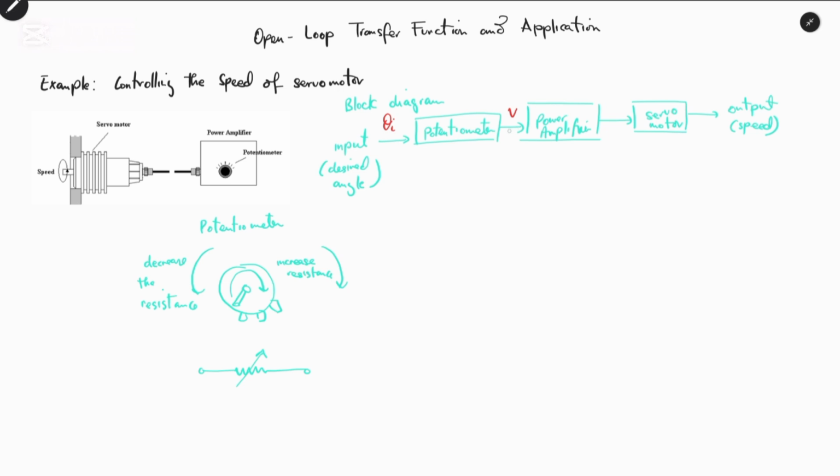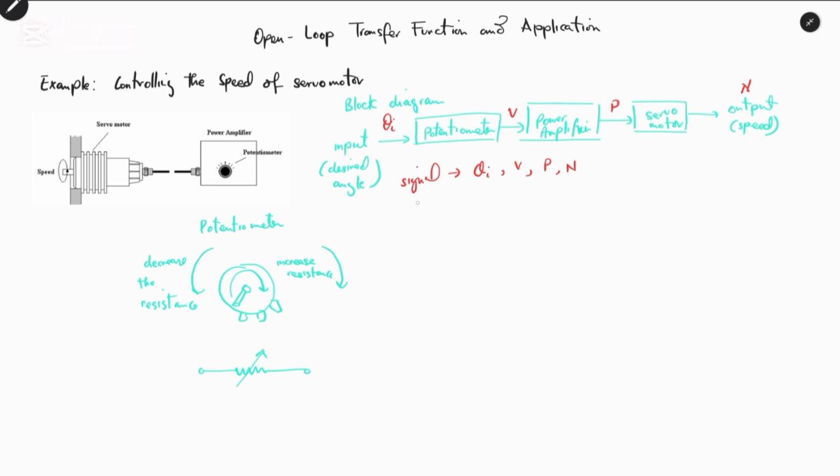When the voltage is passed through a power amplifier, we have a signal output we can label as P, the power to the servo motor. The output of the servo motor we represent using the variable N. So theta I is the signal input, V is the output voltage of the potentiometer, P represents the power to the servo motor, and N represents a signal that is measured, that is the speed.